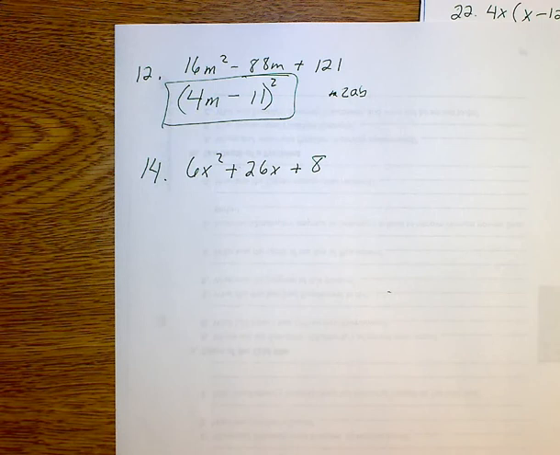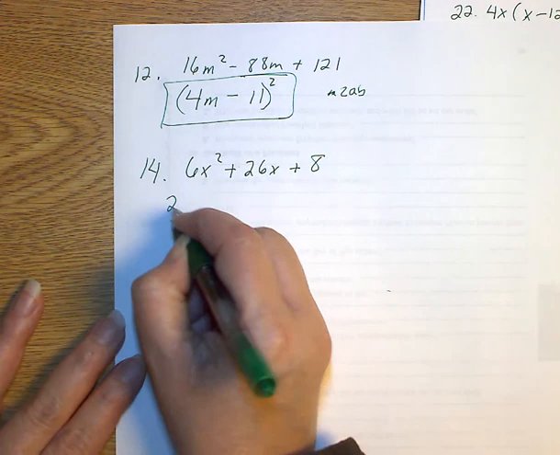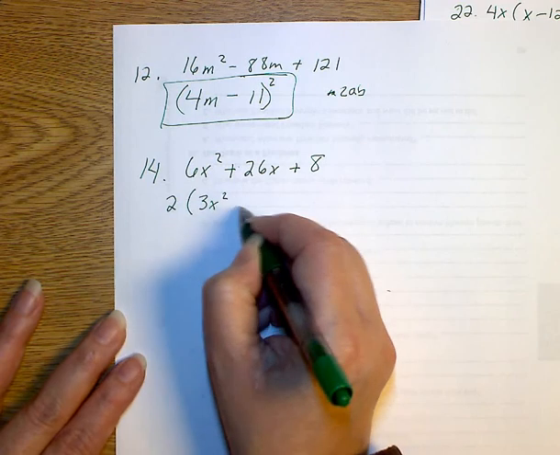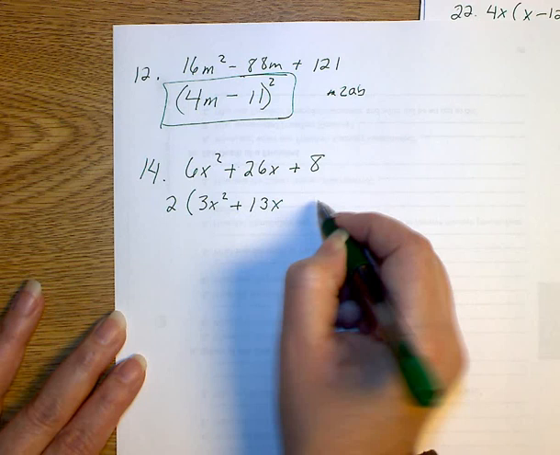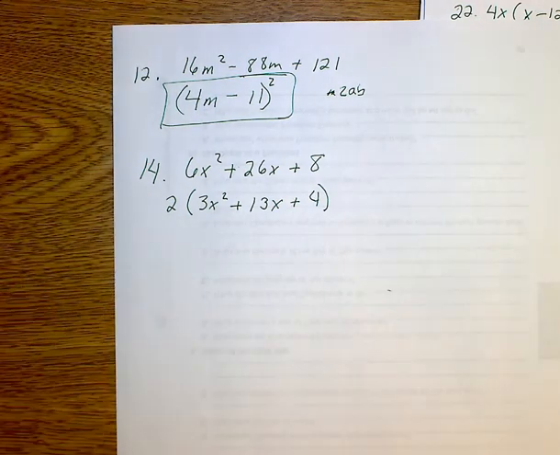A 2. So let's pull out that 2. What's left? 3x squared plus 13x plus 4. Next, my second question would be, since it's squared, is it a perfect square? Does 3 have a square root? No. So now we have to go to my third question, which is AC.